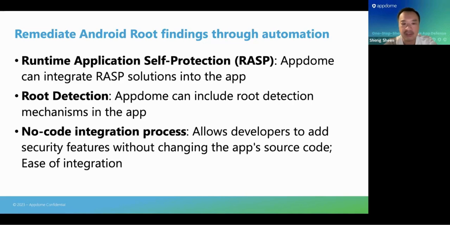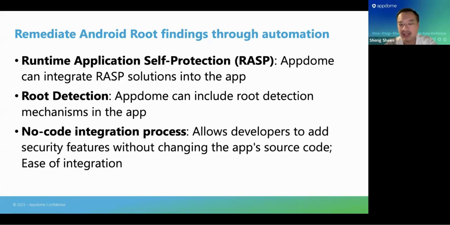You can call the plugin and enable root detection, or iOS jailbreak detection if you're on iOS, and it can then detect automatically if the application is running on a rooted device. Again, no code, no development to do that. It can take those predefined actions and safeguard your security.